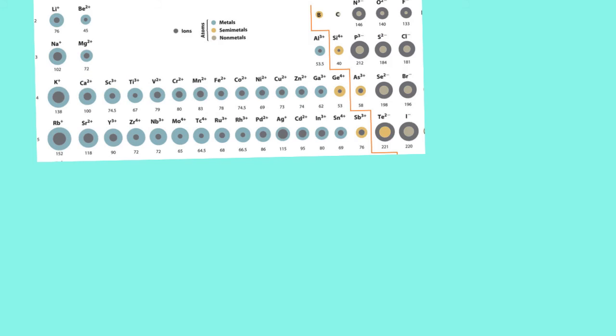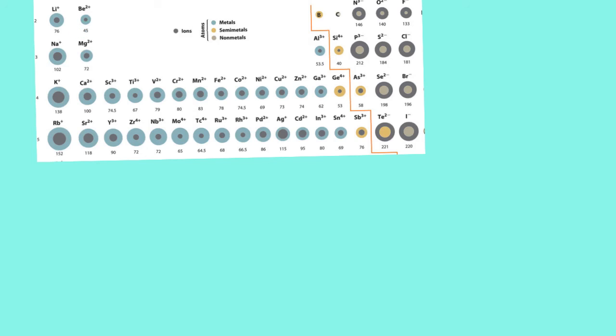Here are some ionic radii. It's really interesting to notice what happens as you go from left to right across the periodic table. The cations, for example here Li+ and Be2+, can you see that the radius decreases as the charge on the ion increases?